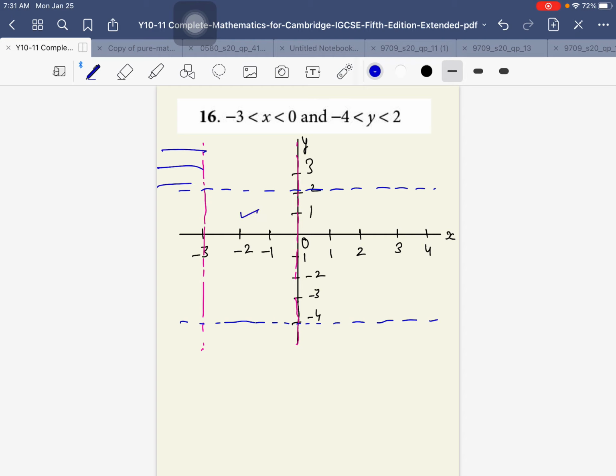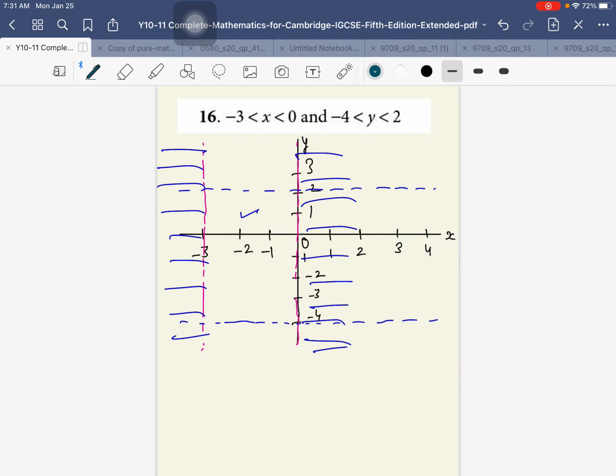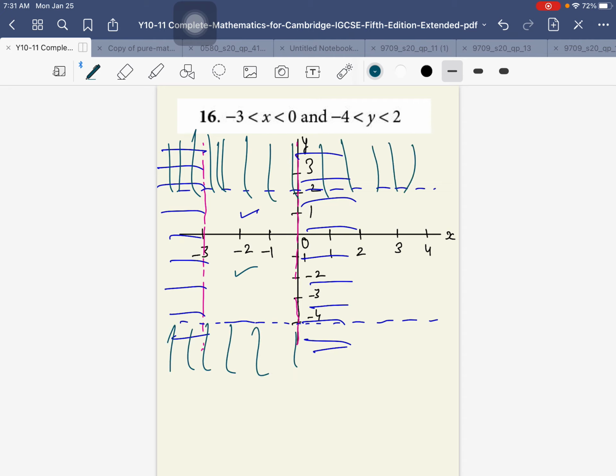So that means this is unwanted. y is between -2 and 2, meaning this is the wanted area. So this one is unwanted area. You can see that there is double shading on these areas.